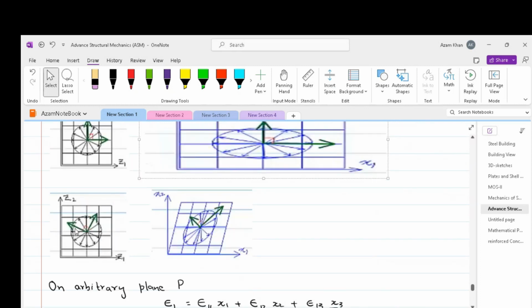Similarly, in the case of shear, we take two concurrent dz vectors and calculate the angle between them after the application of the load. If the angle has changed, that means shear deformation has taken place.